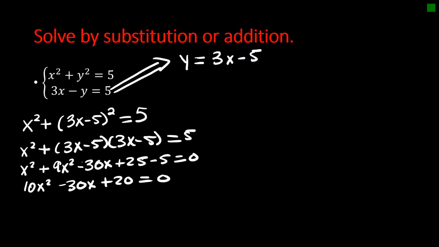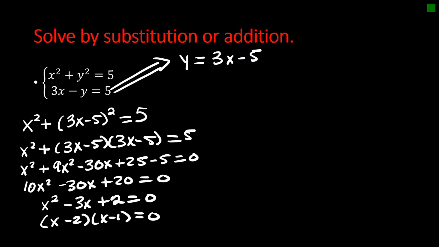And I can factor out a 10 and divide both sides by 10. I have x squared minus 3x plus 2 is 0. So I have x minus 2 times x minus 1 is 0. So x is going to be 2 or x is going to be 1. Now, we need to figure out the y values because, again, a solution is an ordered pair.